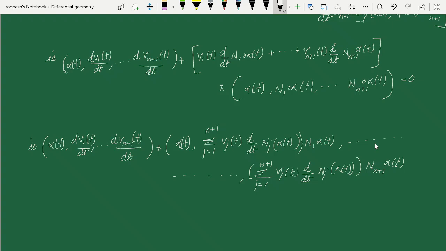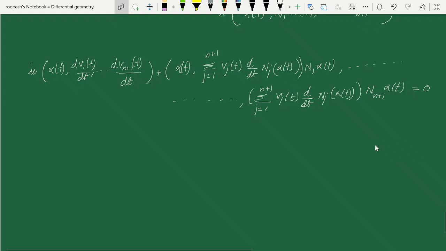This much of the term should be equal to 0, which implies d by dt of vi of t.